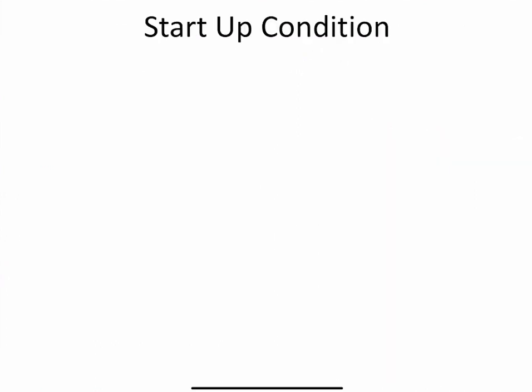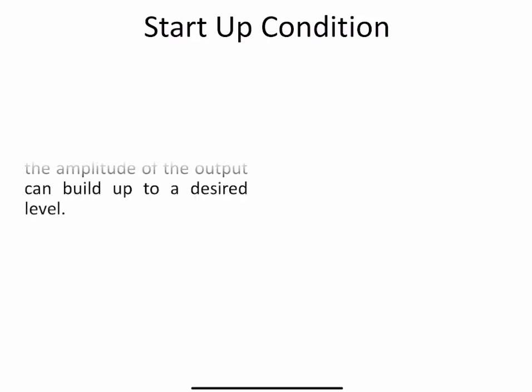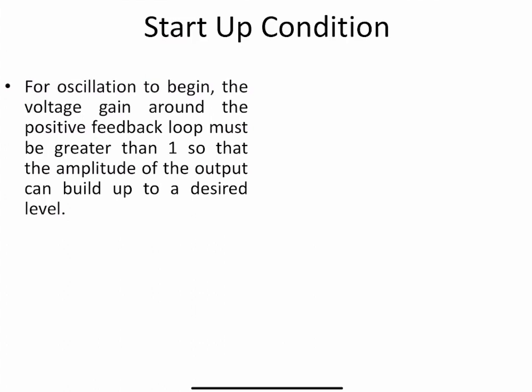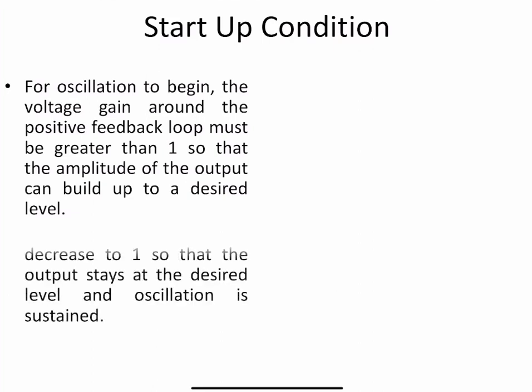Next is the startup condition, meaning for oscillations to start up, what condition is required for the oscillator circuit? For oscillations to begin, the voltage gain around the positive feedback loop must be greater than 1, so that the amplitude of the output can build up to a desired level, and then the gain must be decreased to 1, so that the output stays at the desired level and oscillation is sustained.